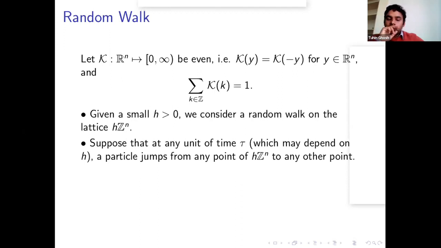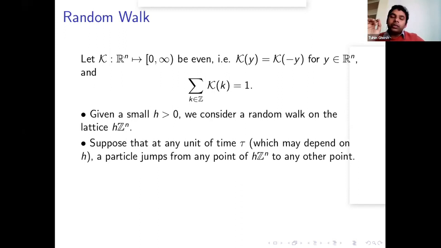That might depend, and actually will depend, on h. They are correlated. The point is that you have a particle, and this particle jumps from one point of the grid to another point in the grid.